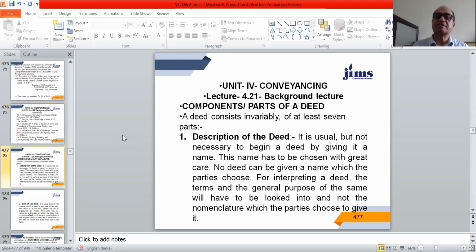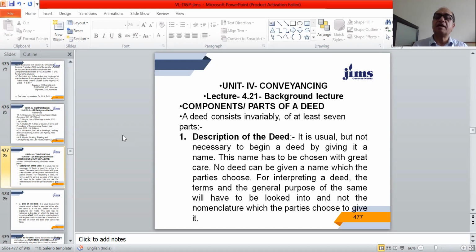First of all, we'll understand what are the components or parts of a deed. Dear students, a deed consists invariably of at least 7 major components. First and foremost ingredient of a deed is description of the deed.